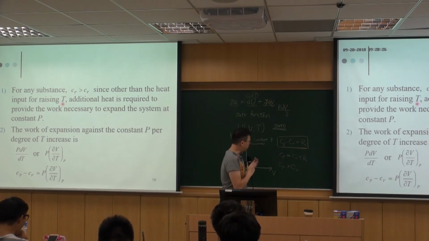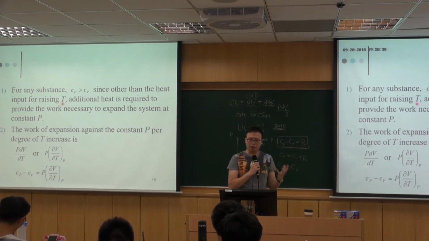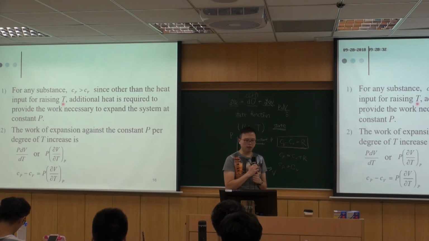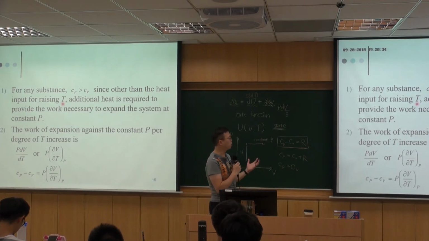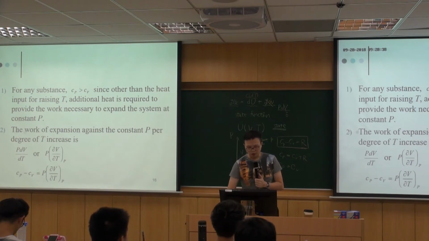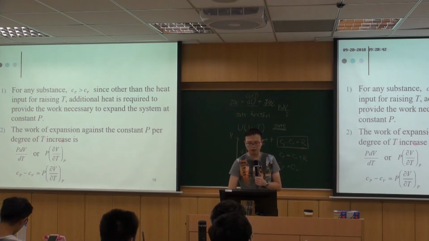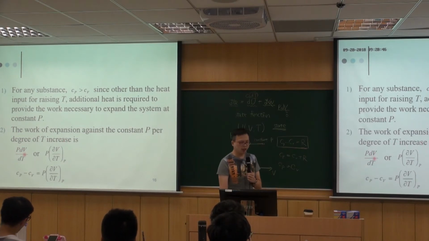Therefore, right now we're going to prove this. Taking the words I mentioned earlier into account, you'll see that the work of expansion against a constant P per degree of temperature increase is PdV over dT.